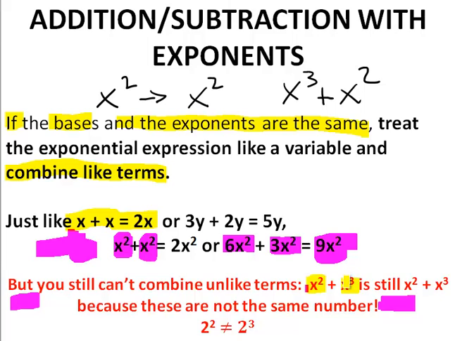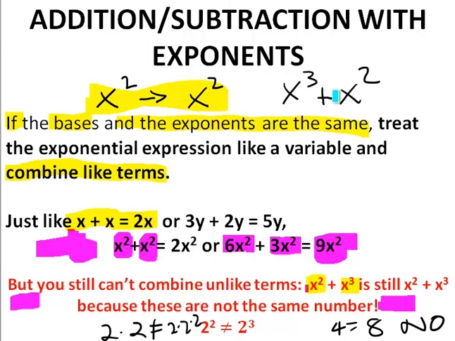And if you transfer that into actual real numbers, you know instinctively that 2 squared is not the same as 2 cubed. 2 times 2 does not equal 2 times 2 times 2, because does 4 equal 8? No. Really, really important. A lot of people really try to do this. So this is a yes. This is a no. Okay? So really, stop and copy. Very important. And then we'll move on to a practice.